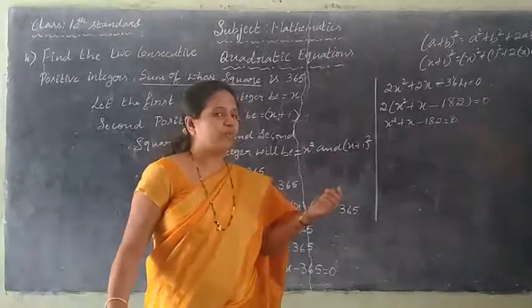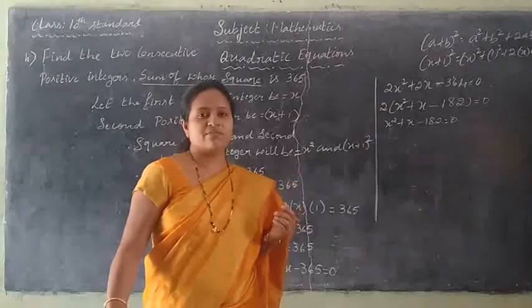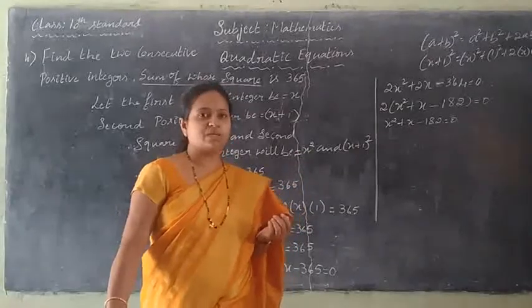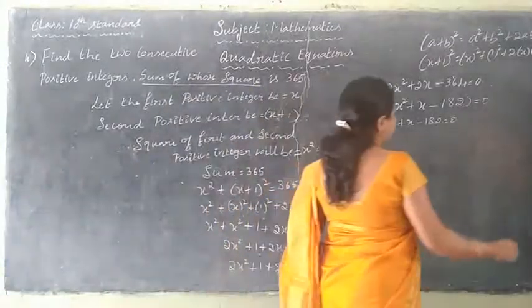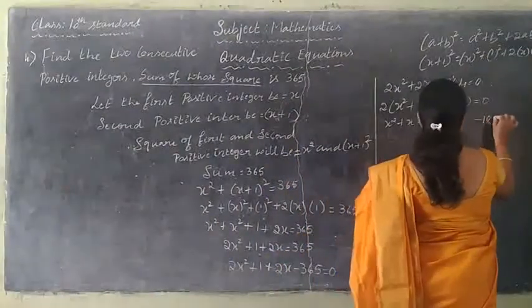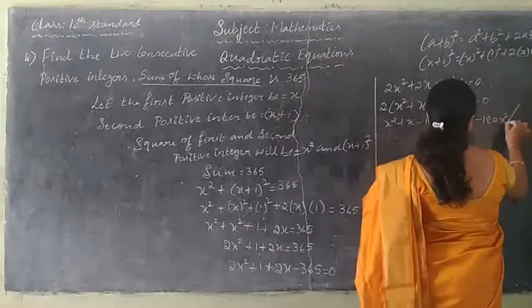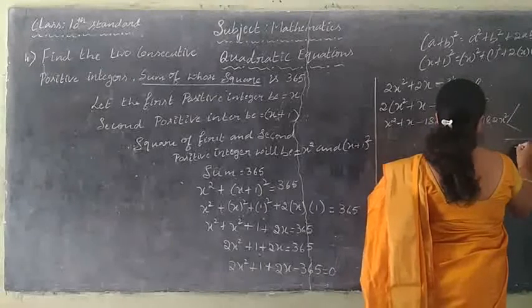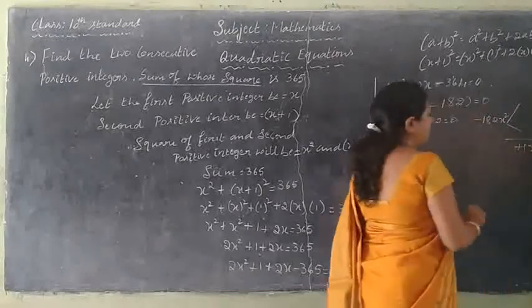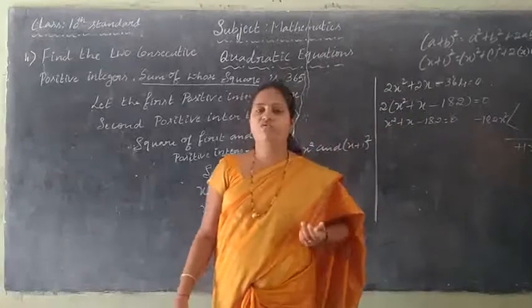So now what are we going to do? We are going to solve this equation by the factorization method, children. Multiply the first and last term, minus 182 x square. The middle term is plus 1x. Right. Now we need two factors.